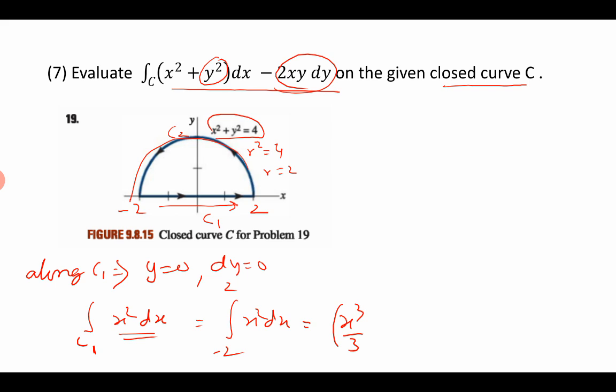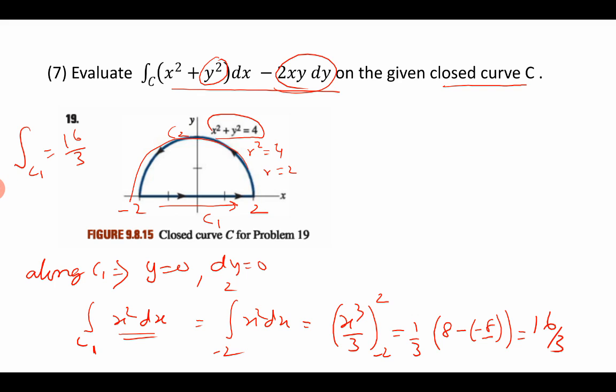X cube over 3 from negative 2 to positive 2. 1 by 3, 2 cube is 8 minus, 2 cube is minus 8. So 8 plus 8, 16 over 3. When you integrate along C1, the answer is, so I write it here, the integration over C1 is 16 over 3.